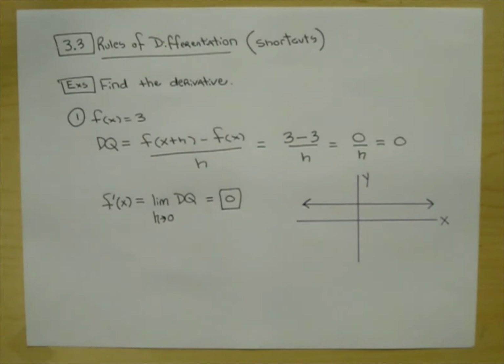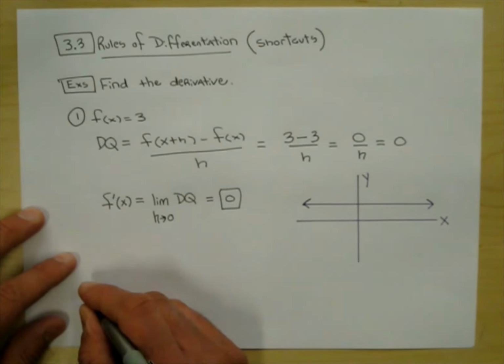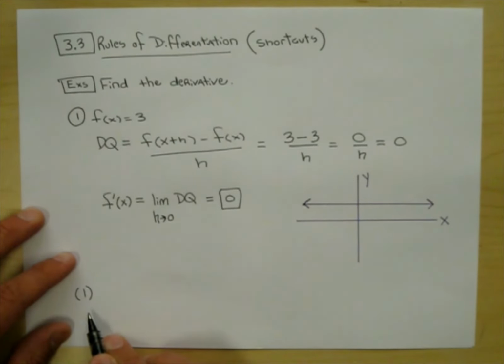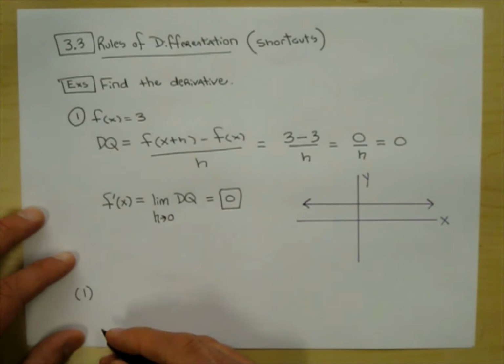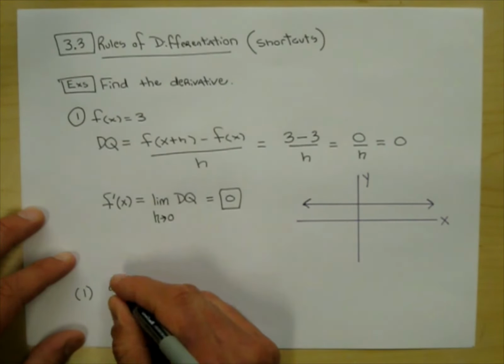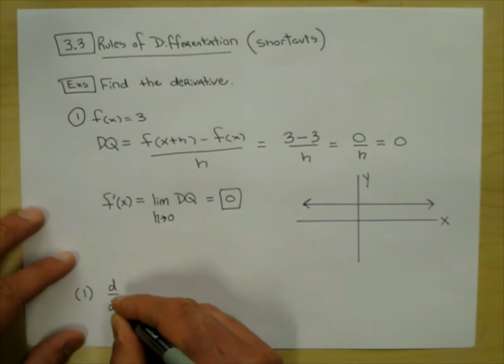So now what we have is the constant rule. I'm going to write out the constant rule. We don't need to prove it or anything. The constant rule looks like this. This is number 1 of our shortcuts, so not to be confused with problem number 1. We'll have, I think, about 6 rules. The constant rule goes like this. You take the derivative.